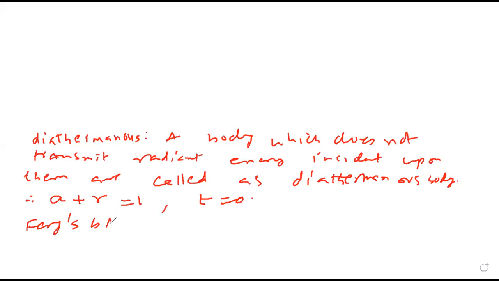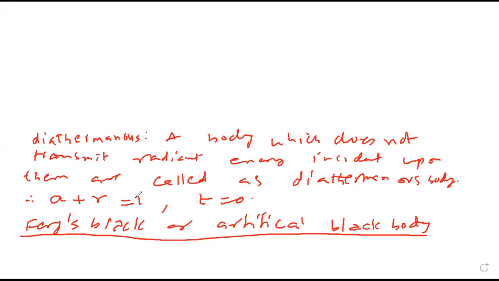Ferry's black body, or artificial black body. It consists of a double-walled hollow sphere with a small opening called the aperture. There is a conical projection opposite to the aperture.